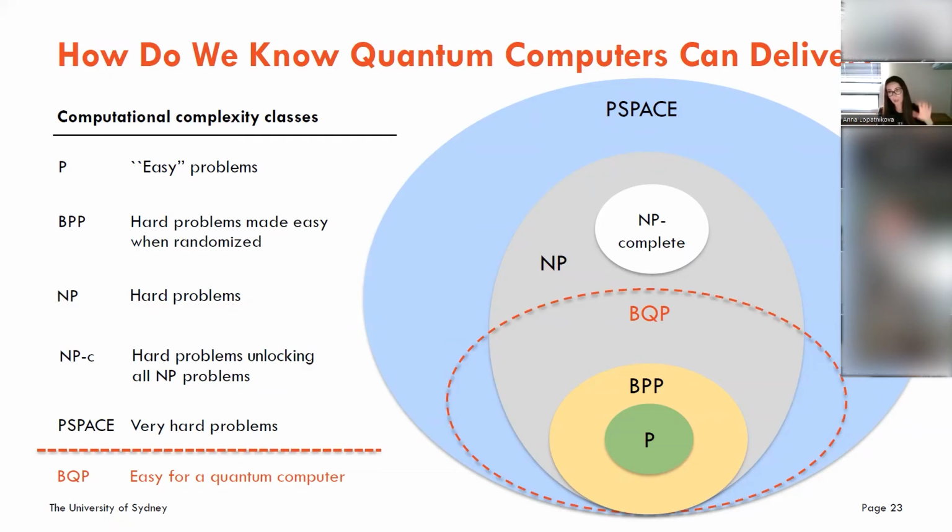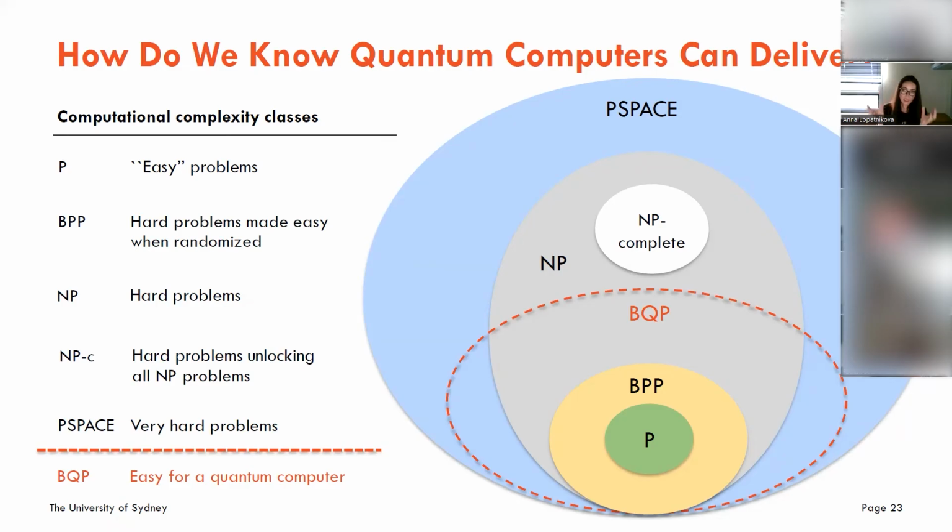Computer scientists have many complexity classes for various classes of problems. I pointed out some of the simplest ones that are related to quantum computation. Now, the easy problems for classical computers are called the complexity class P. These are the problems where the resources a classical computer needs to use scale polynomially with the input size, right? And it's a small subset of things that classical computers do easily.